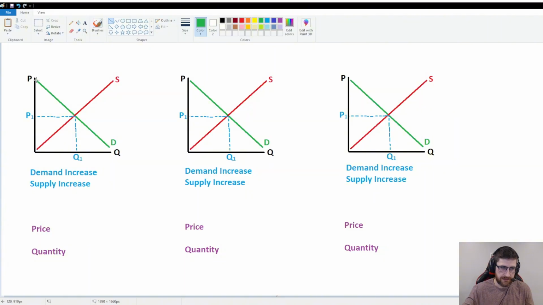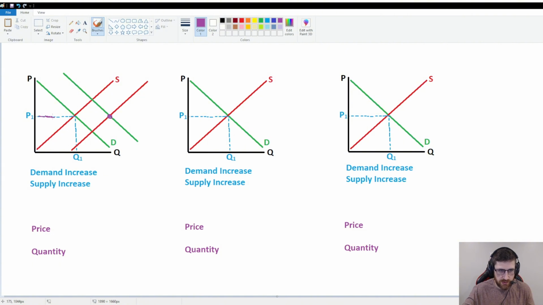So let's take demand and move it to there. I'm not going to name them just for the sake of time. And let's take supply and move it about the same distance. Okay. So I get an equilibrium right here.